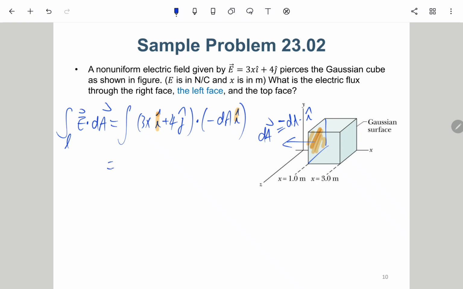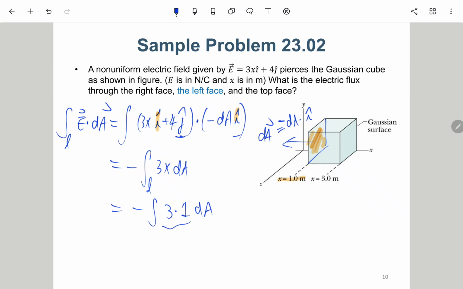Okay, so similarly, I hat dot I hat will be 1, but with a negative sign, so we have negative integration of 3x dA for the first term. And for the second term, j hat dot I hat will be 0. Okay, for the left surface, x is 1 instead of 3, so here it should be the integration of 3 times 1, rather than 3 times 3, and then dA.